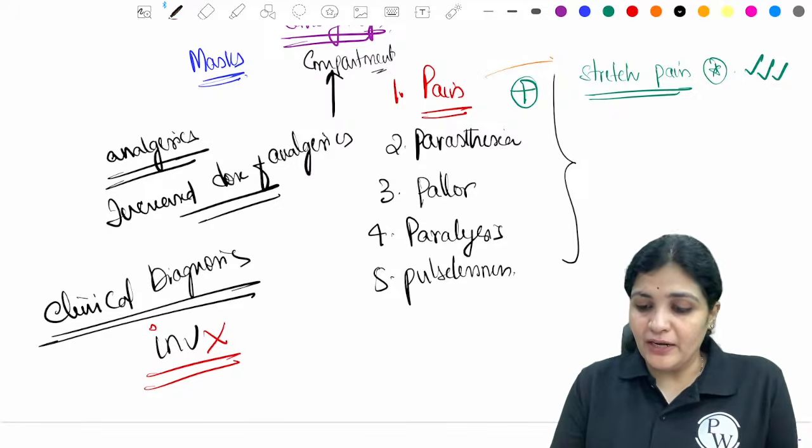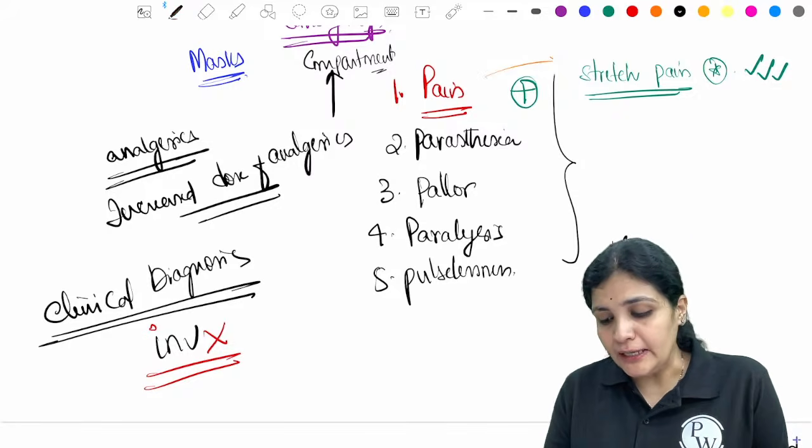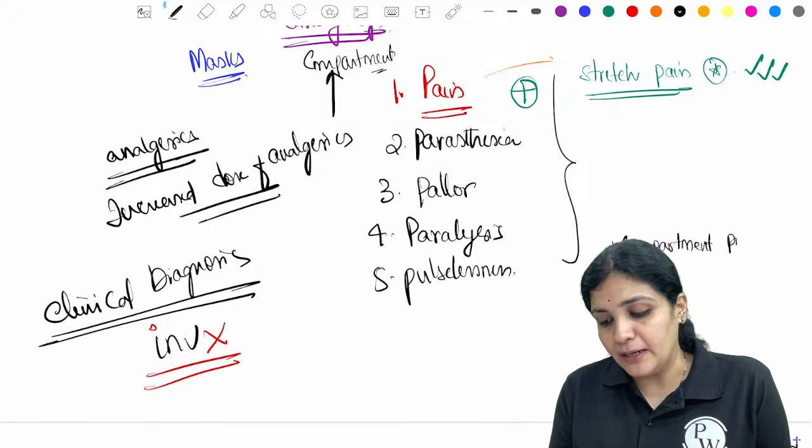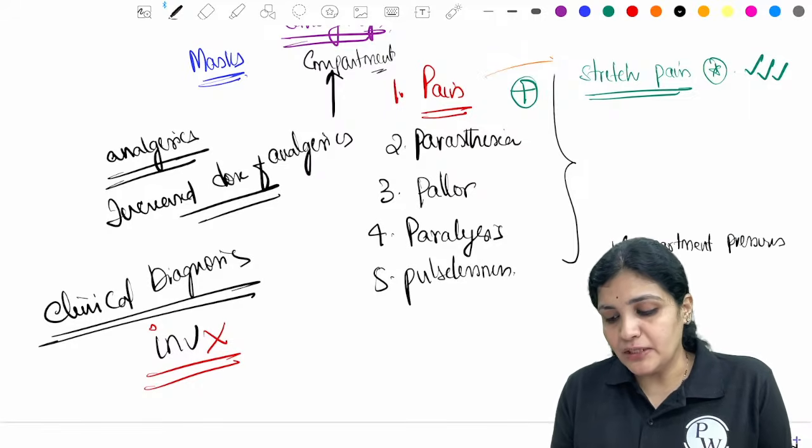One thing you can do is measure the compartment pressure. You can measure the compartment pressures by using pressure transducers, right?